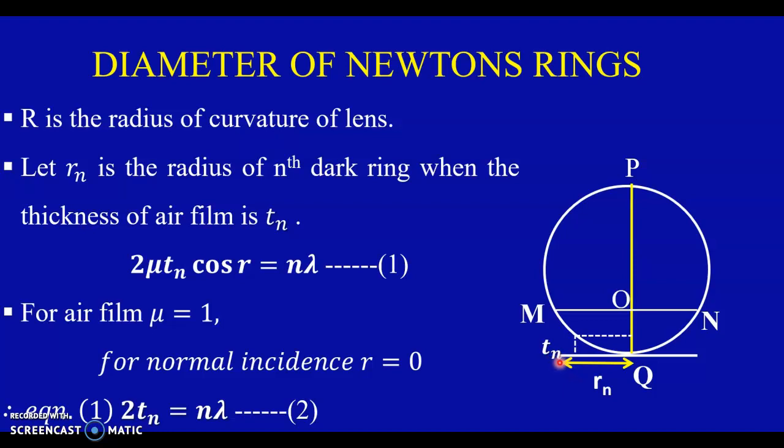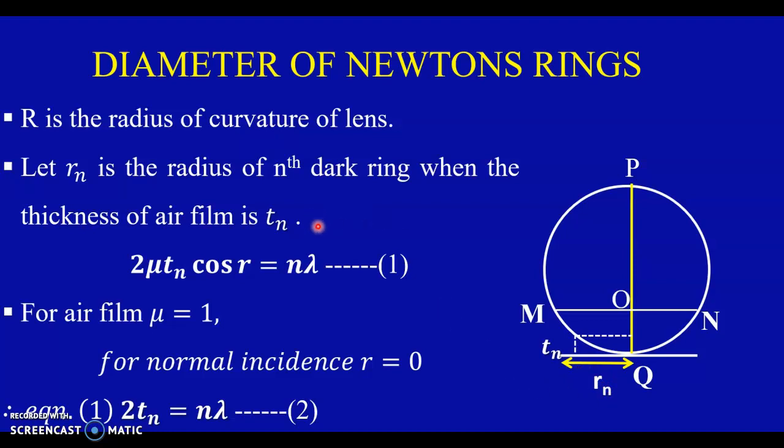I have written Tn because this thickness is not constant; it is changing. At this position, I am considering the thickness to be Tn and the corresponding ring will have radius Rn. Let us say at the thickness of Tn, a dark band of radius Rn is formed.